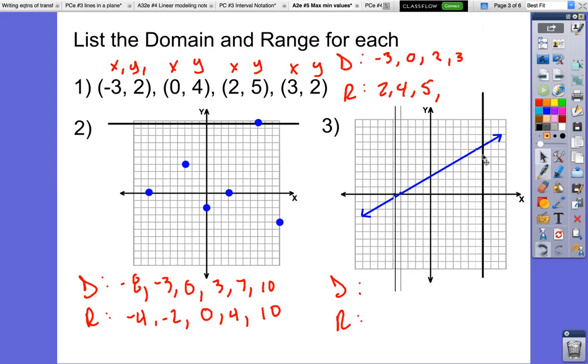That means all of these are taken up. And notice at the end, you have arrows on both sides. Those arrows mean that it goes on forever. So if I'm moving it left and right, it's going to go on forever, which we would call all real numbers.